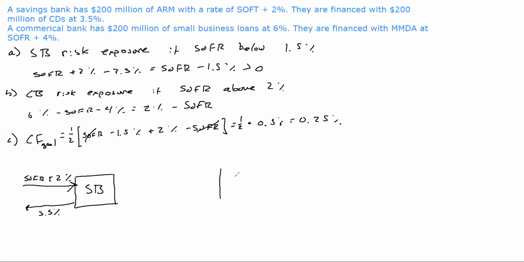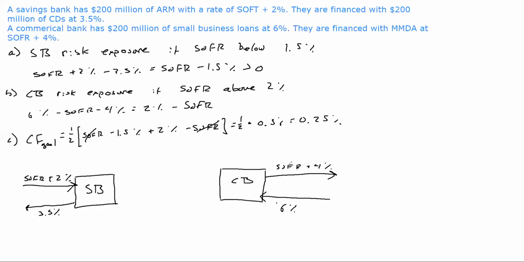Over here on the right, let's do the commercial bank. CB for commercial bank. They are receiving 6% from the small business loans, and they are paying the overnight financing rate plus 4% on their money market deposit accounts.